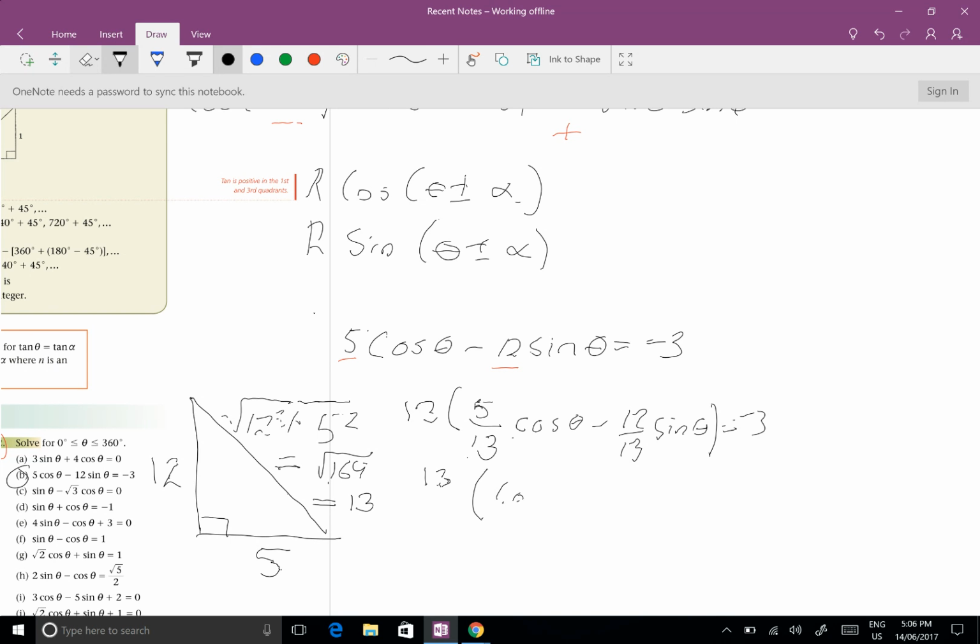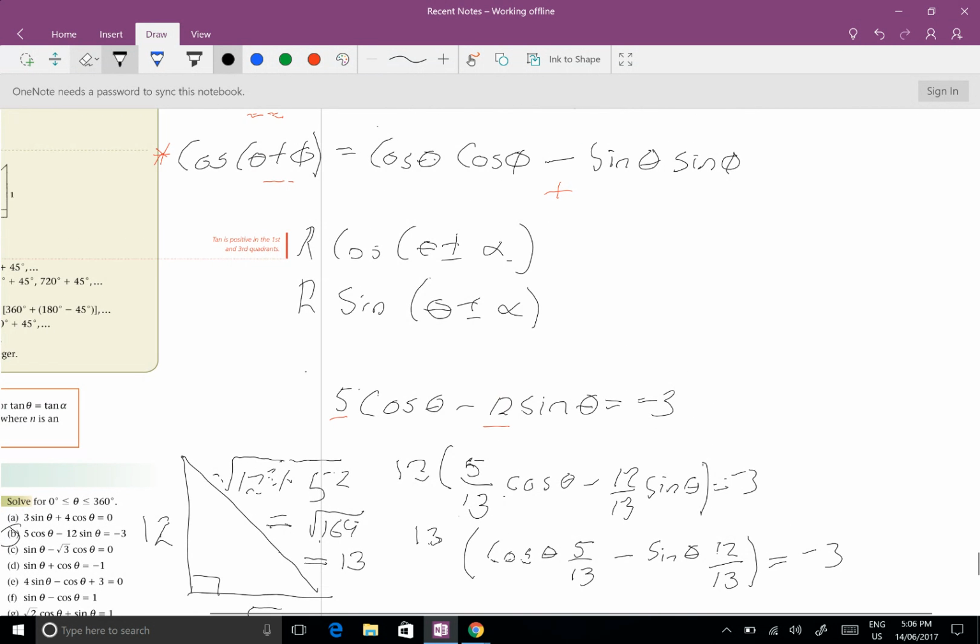So we'll just rearrange this slightly. Cos theta times 5 on 13 minus sine theta times 12 on 13, that equals minus 3.